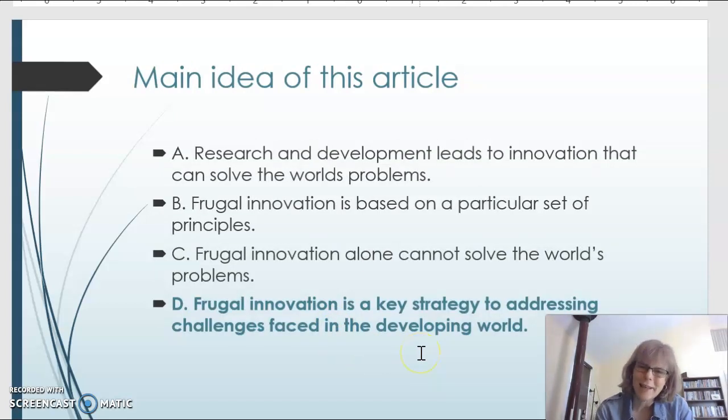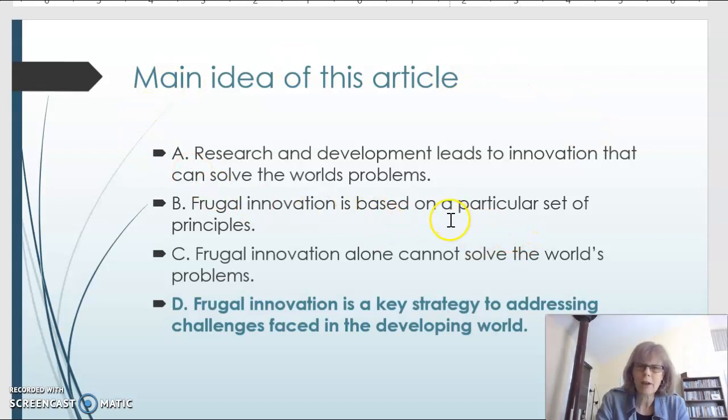Frugal innovation is a key strategy to addressing challenges faced in the developing world, right? I know that I want to use frugal innovation when I write the main idea. That's the topic of this whole article. So I didn't choose this first one because of that. They didn't use frugal innovation when they talked about the first one.